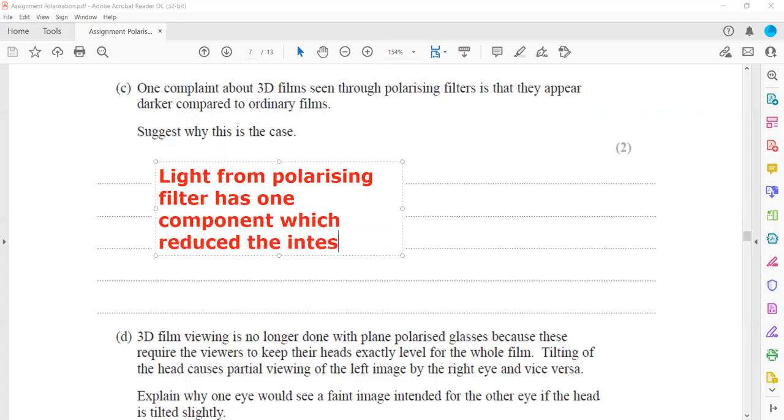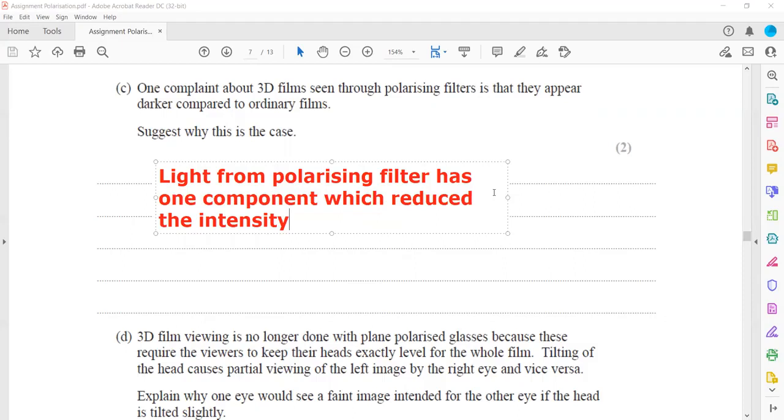For example, using polarizing sunglasses, the surroundings appear much darker compared to normal, because without sunglasses there are many components of vibration entering our eye, which makes it bright. But if we use polarizing sunglasses, only one component is able to pass. That's why ultimately the intensity reduces.